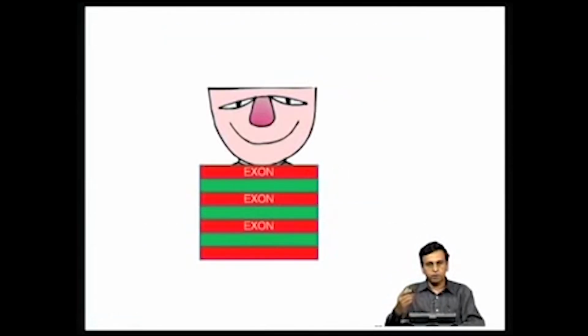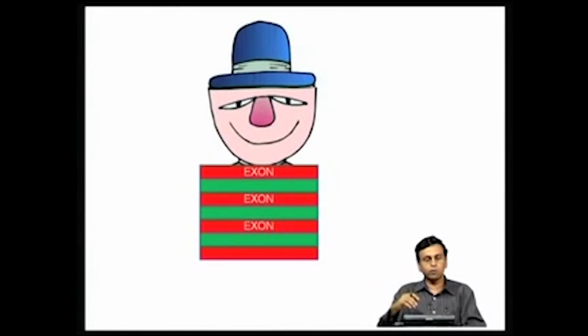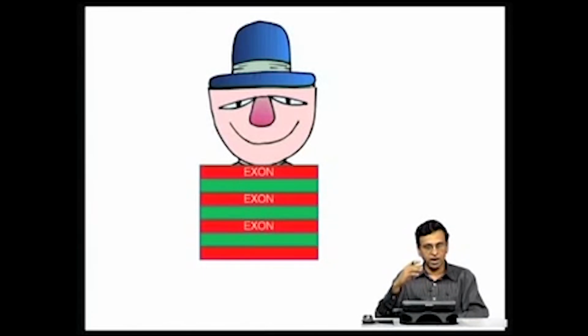This is a cartoon I have drawn just to stay in your memory what we are going to talk about. Once the pre-messenger RNA is made, which contains both introns and exons, a cap is added. That is one of the first co- or post-transcriptional modifications a pre-messenger RNA undergoes, and we discussed how the RNA polymerase II carboxy terminal domain plays a very important role in the addition of this cap.